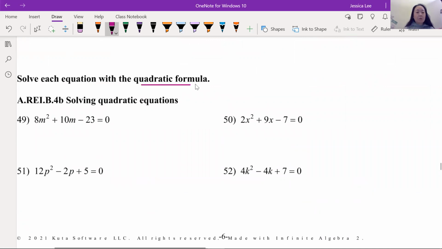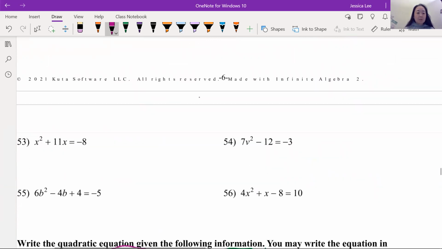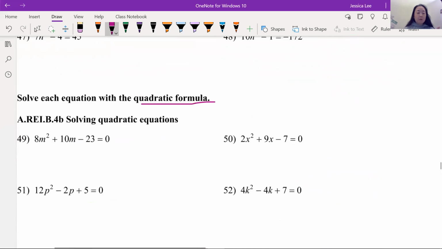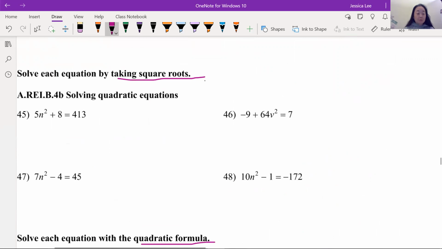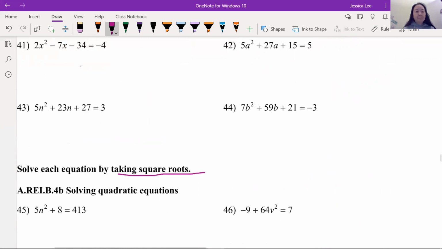It tells you, oh, using the quadratic formula here, or using the quadratic formula right here by taking the square root. Notice we only have one variable here, so you're going to have to get everything on one side and then just square root them. So this is a good way to practice that if this is something that you weren't that strong on.